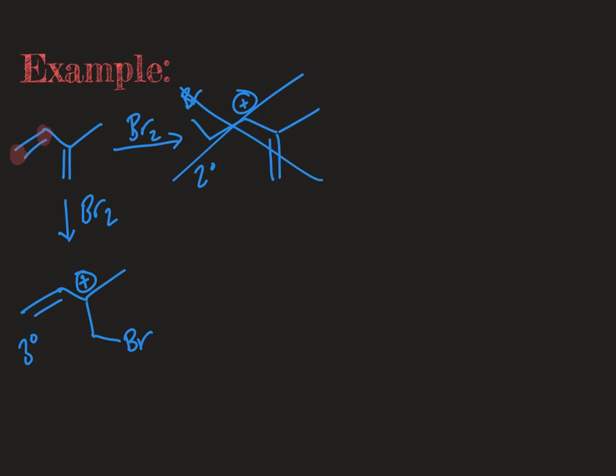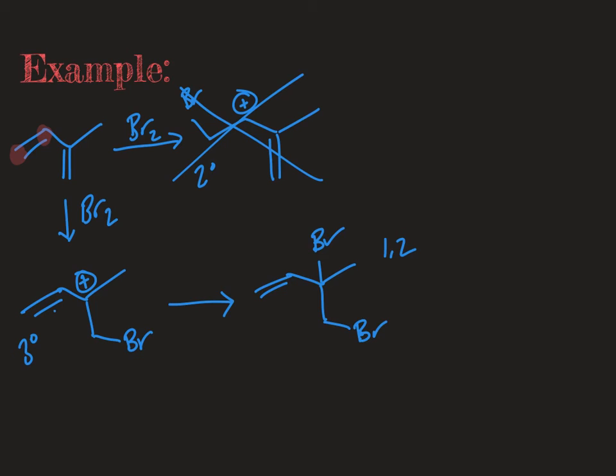So if we go through the fastest forming product, so what's going to form just from this initial carbocation, the second bromine will add to where the carbocation is for our 1,2 product.